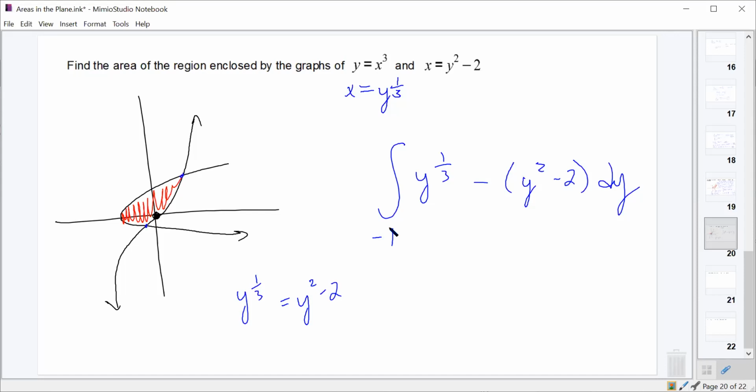But the upper one is a little bit more difficult. So figure out what that is and let me know. Just 1 point something.